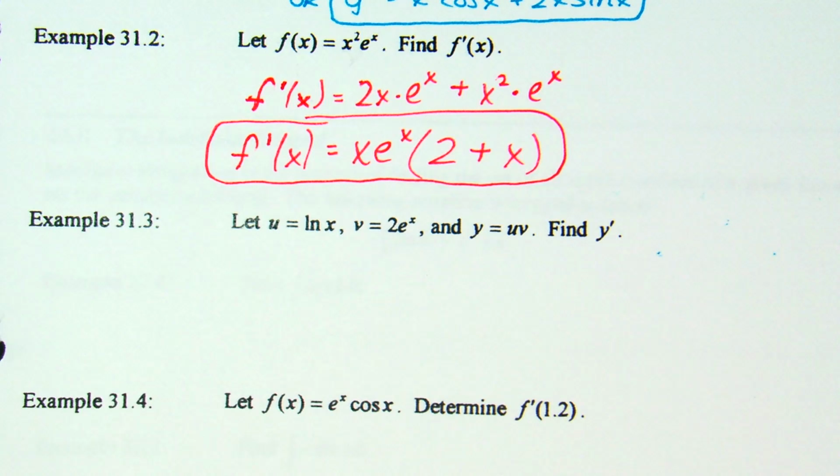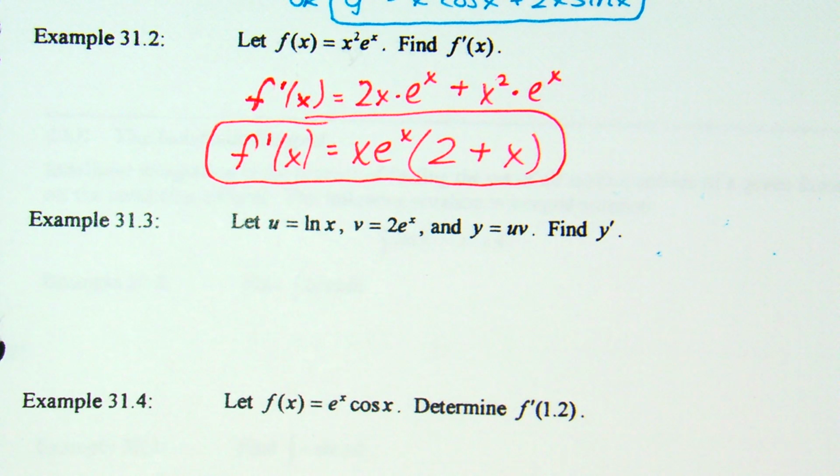Okay. Let u equal ln x, v equal 2e to the x, and y equals uv. Find y prime. There's a couple different ways we can do this. So I'm curious, as you look at the problem, if you have any thoughts. Rewrite the problem? Start with y prime.